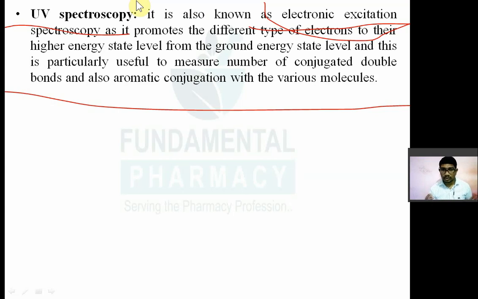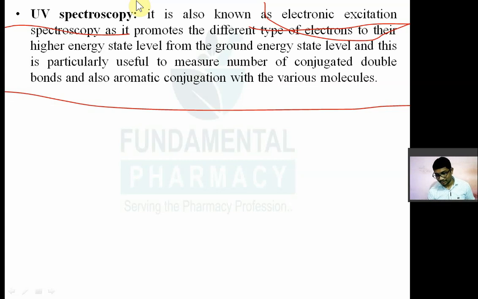So there are three kinds of electrons present in the molecule: sigma electrons, pi electrons and non-bonding electrons. After the absorption of UV rays, these electrons go from a lower energy state to a higher energy state, that is from the ground state to the excited state, by absorbing the UV radiation.